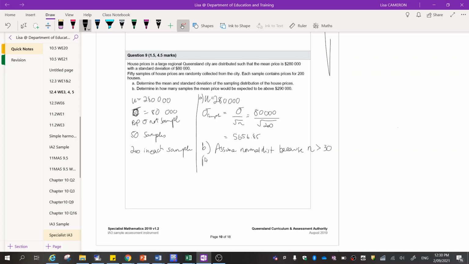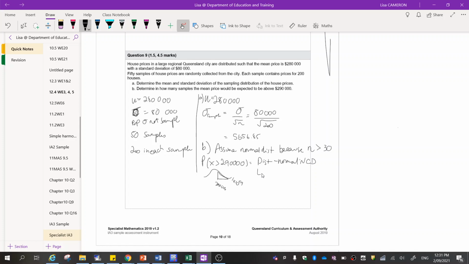Now, we are looking for the probability that the housing price in the sample is greater than this. So we're going to be using the distribution part of our calculator: Distribution, Normal, NCD. Now, in your exam, make sure that you note down what you put in the calculator because you can still get partial marks. When I look at something like this, I normally draw a little picture underneath. So X has to be larger than 290,000, and the upper bound is going to be all the way up to as close as we can get to infinity.